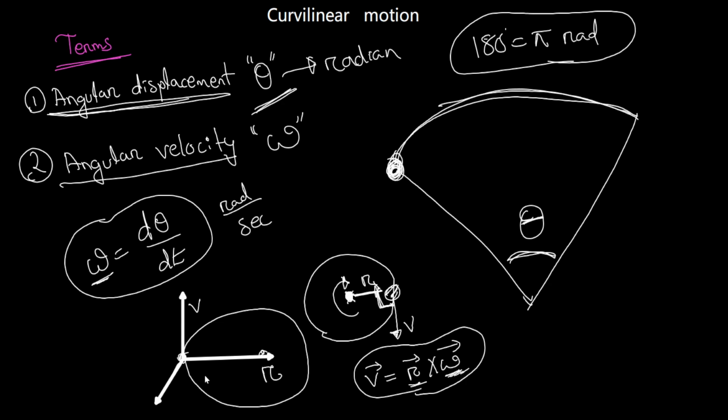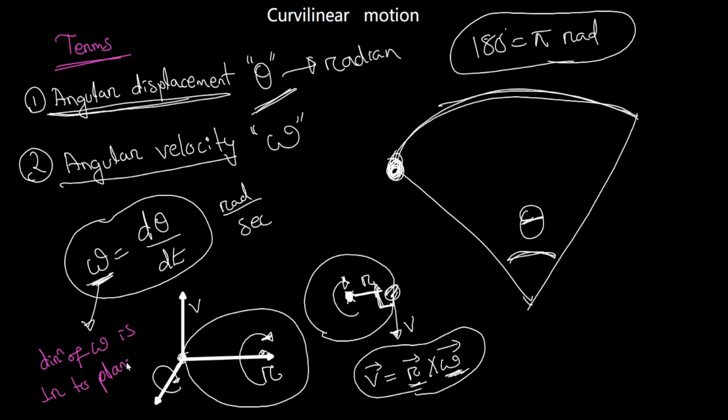So the omega will be like this. Getting my point? The omega vector, the angular velocity vector, is perpendicular to the plane over which the motion is happening. Okay, so the direction of omega is perpendicular to the plane.